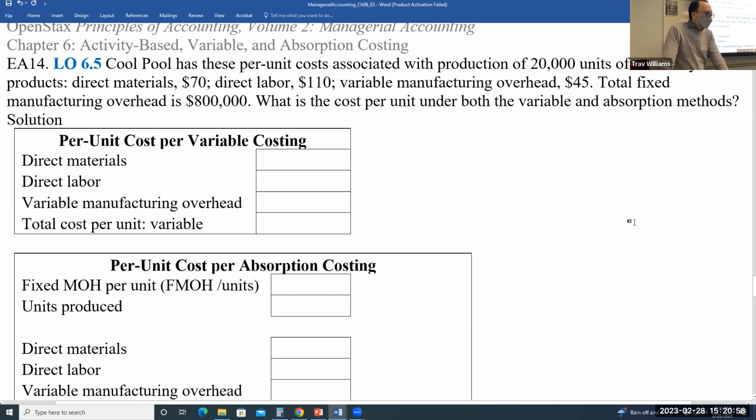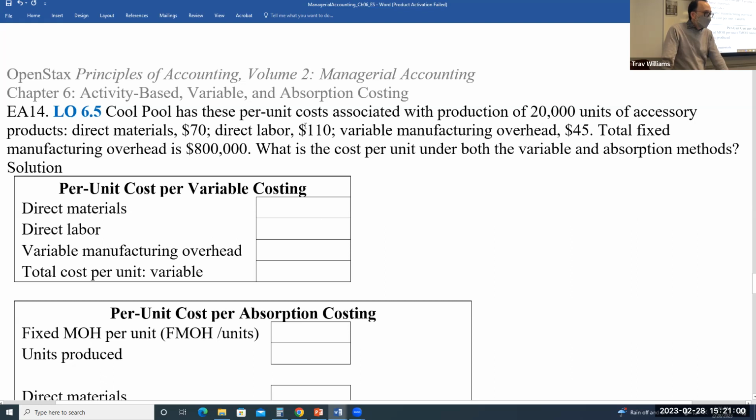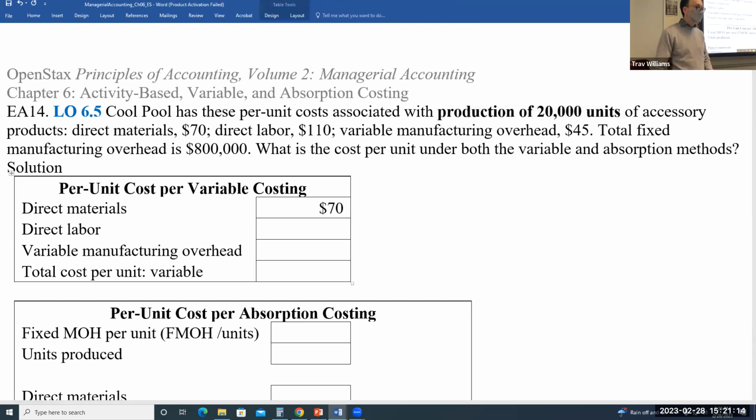Okay, exercise 14. So we have these per unit costs associated with production of 20,000 units. Direct materials has a per unit cost of $70. Direct labor is 110. Variable manufacturing is 45.